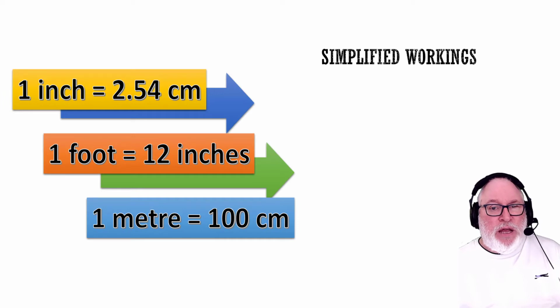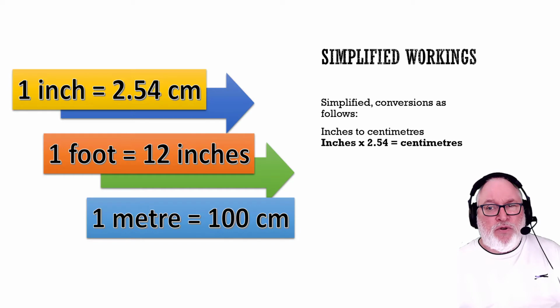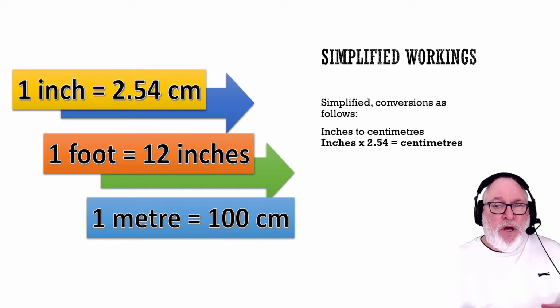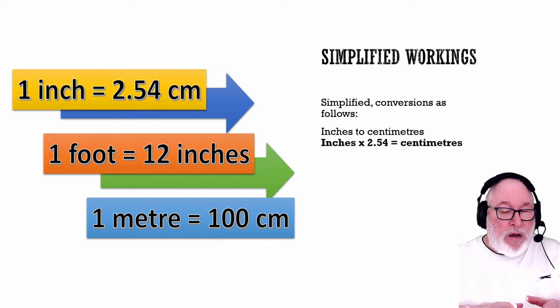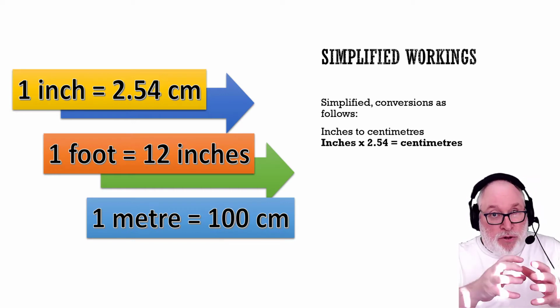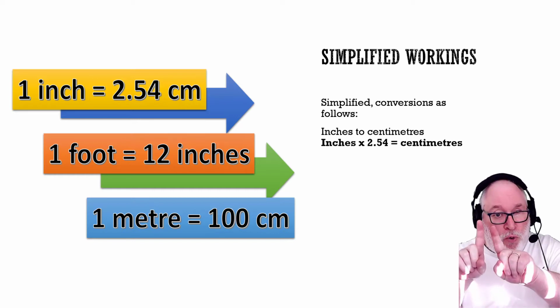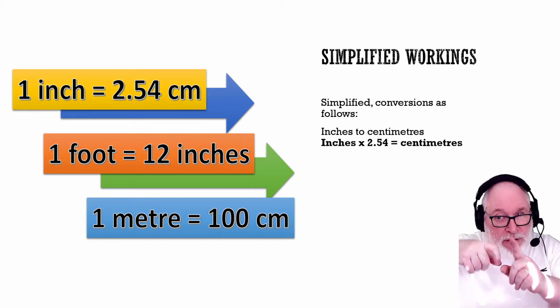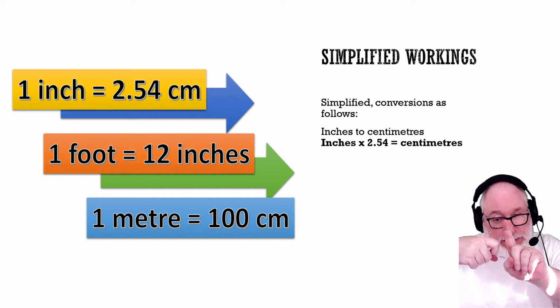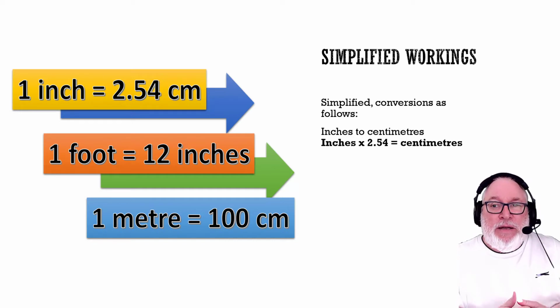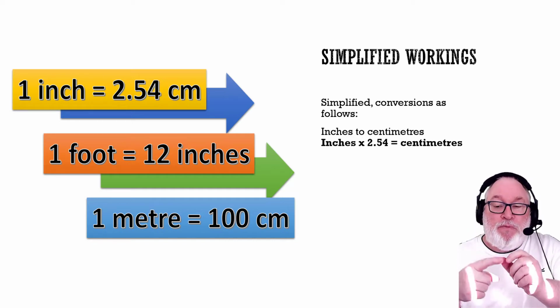So if we look at these simplified conversions, a wee pointer for you is that the inches is always going to be the smaller number in terms of its number size. So 1 inch compared to 2.54 centimetres. I've not got half a finger. Anyway, I do know that that's an inch.